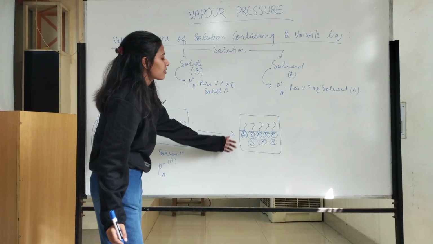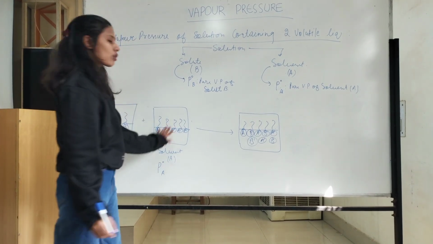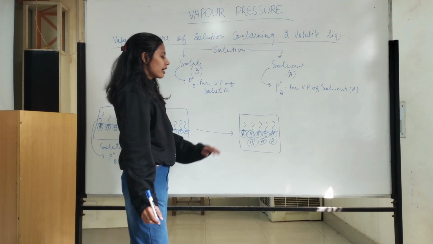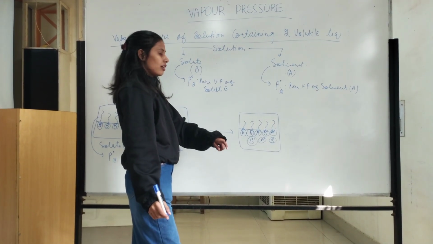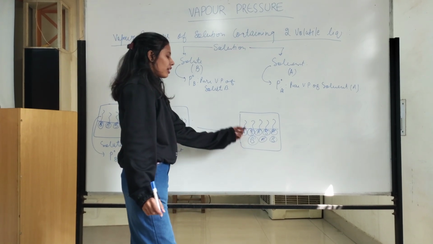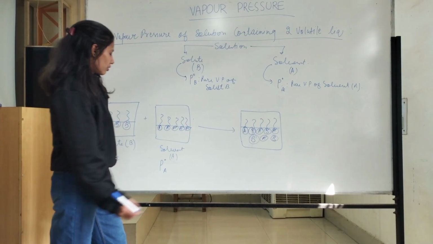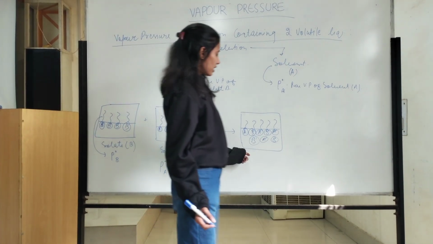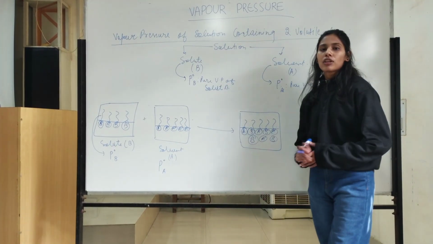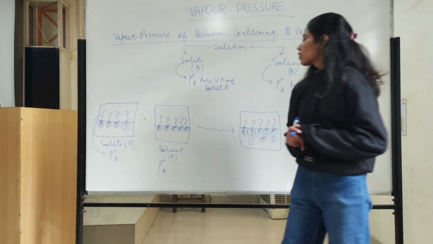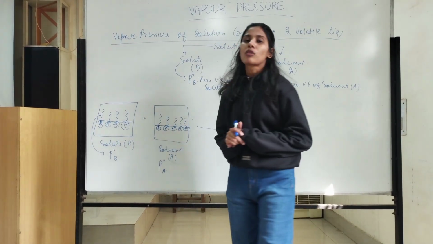Because this is a mixture of solute and solvent, we can't exactly say that there is X number of A and Y number of B. So to find the vapor pressure of this type of solution, we have a law known as Raoult's law. So now we will discuss Raoult's law.